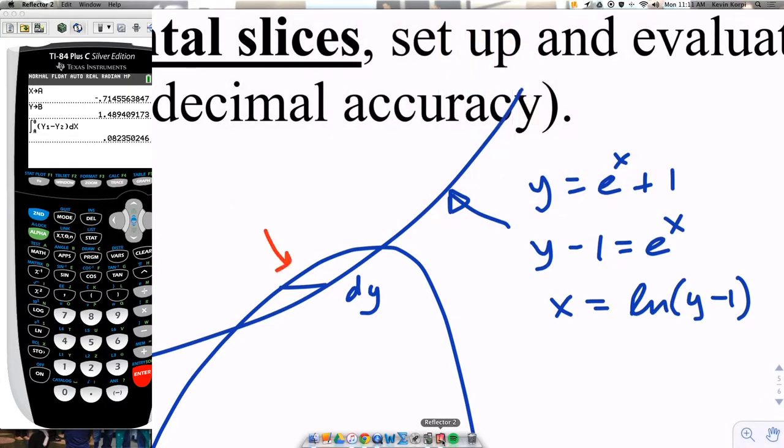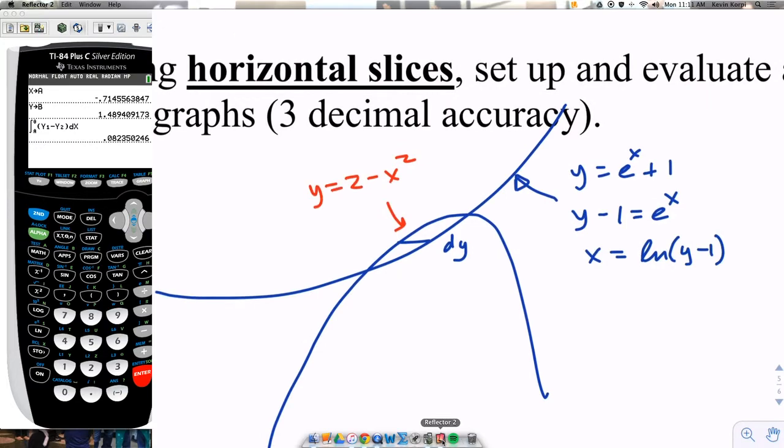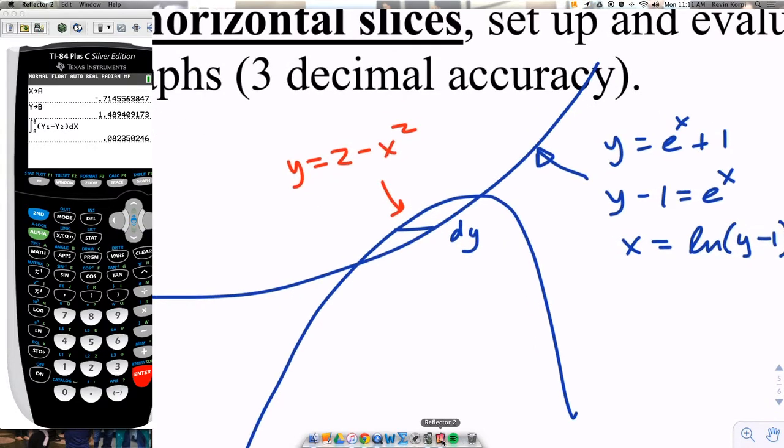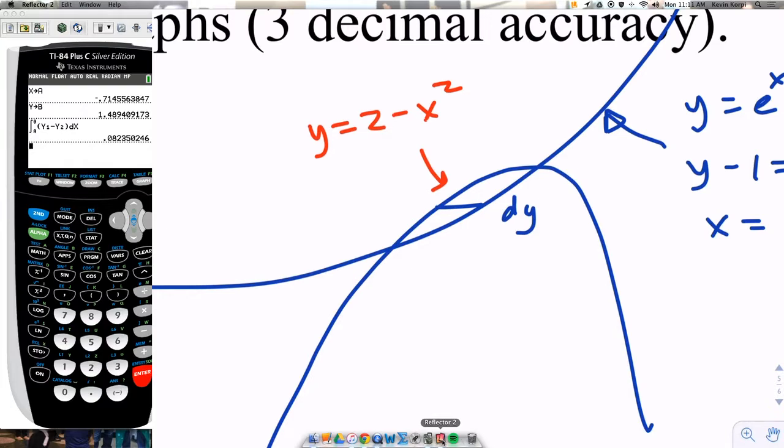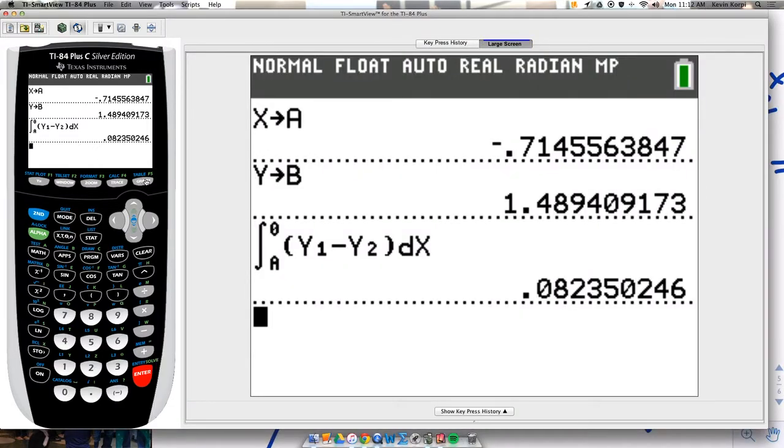And the curve on the left is 2 minus x squared equals y. If I solve that for x, I get x squared equals 2 minus y. When I take the square root, do I take plus or minus? This is where you've got to be careful.